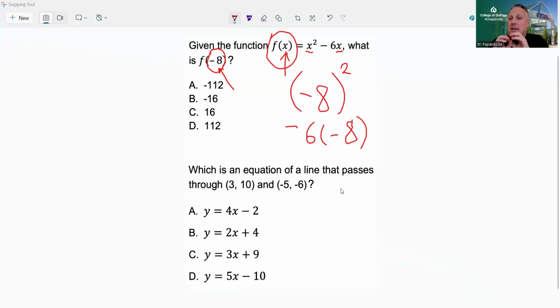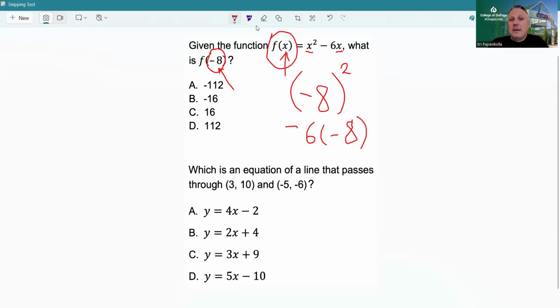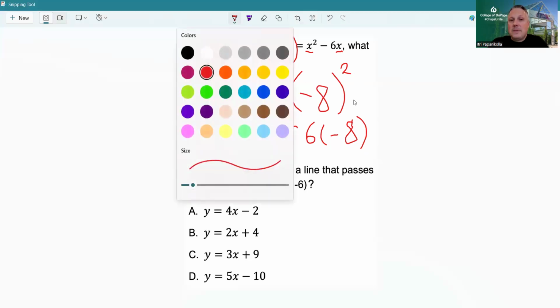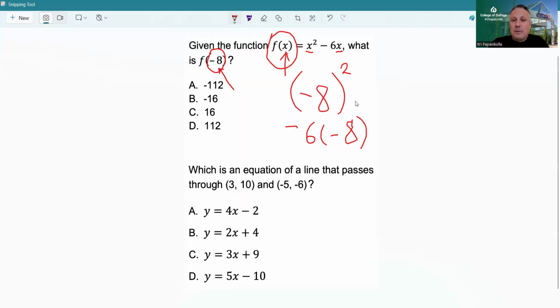So opposites attract, but same sign repel, they disappear. So think of a little bit of science, like two positives just go away, it's positive. Two negatives, they go away, it's positive again. So -8 squared is going to give us 64. So I'm going to put a 64 here next to it.